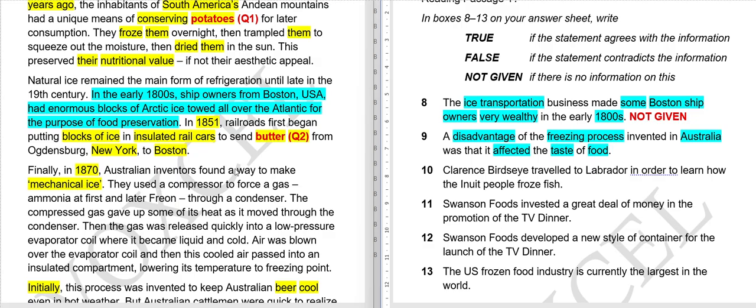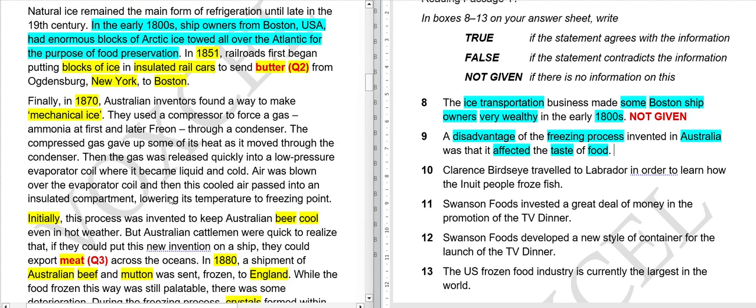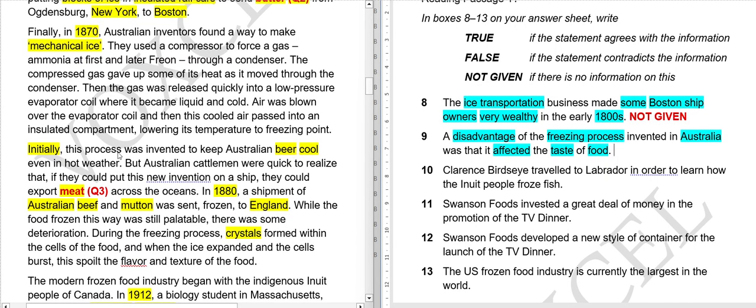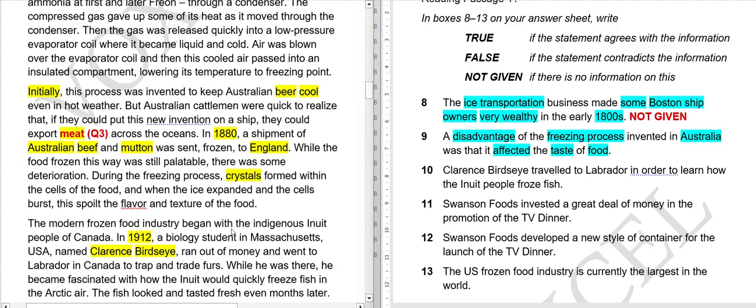Australian inventors found a way to make mechanical ice. They used a compressor. The compressed gas gave up some of its heat as it moved through the condenser. Then the gas was released quickly into a low pressure evaporator coil. When it became cold, air was blown. Here is everything about the process, but there is no disadvantage written here. Initially the process was invented for this, but cattlemen used it for transporting meat.